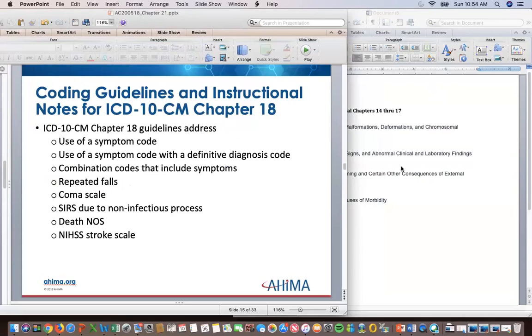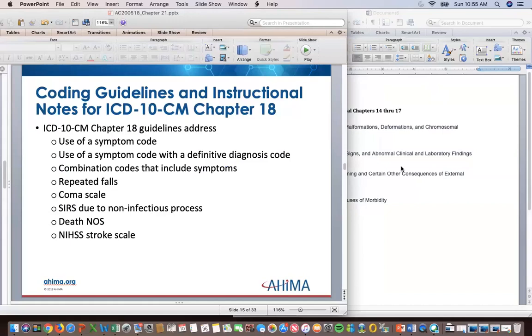A 23-year-old man found down. Review through that, work your way through it, look up the codes, work through the index, and see how they found those and how they arrived at all those codes for that patient. SIRS due to non-infectious process, death not otherwise specified, and then the NIHSS stroke scale also, which is very interesting.